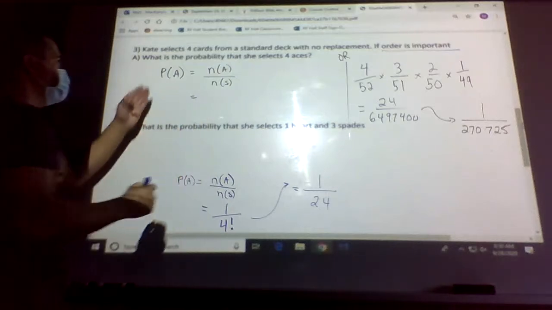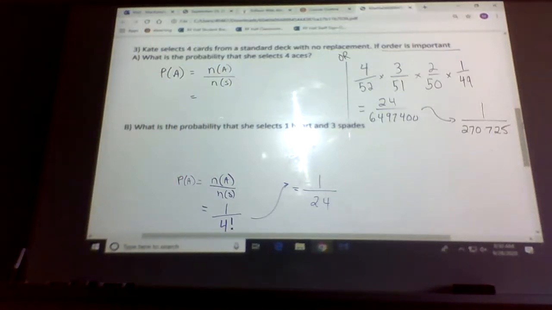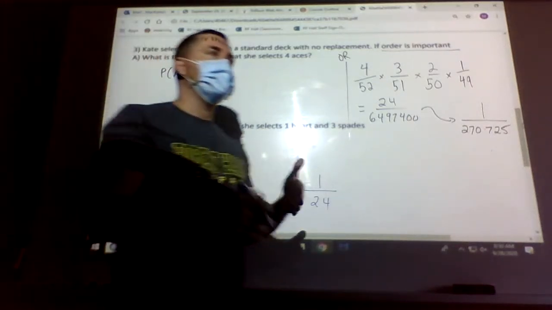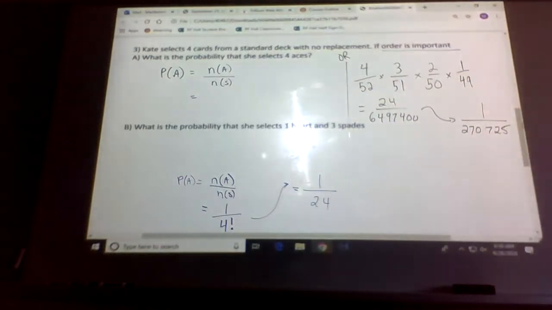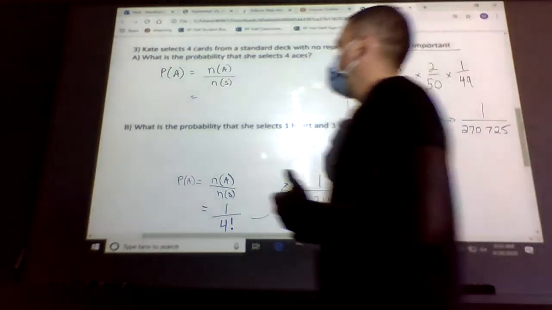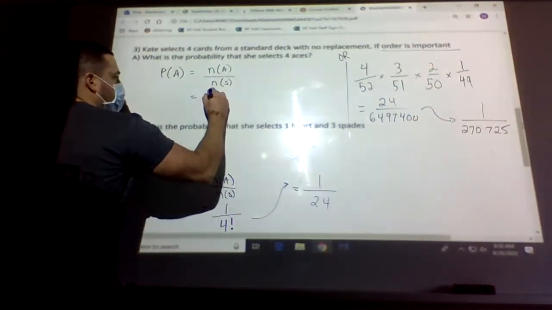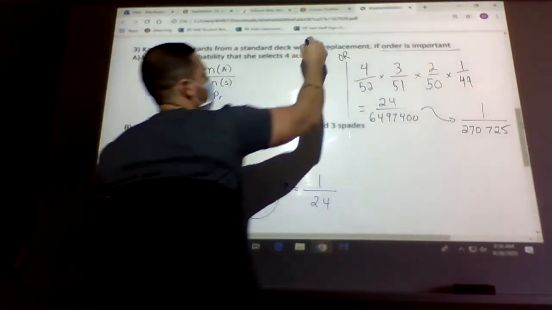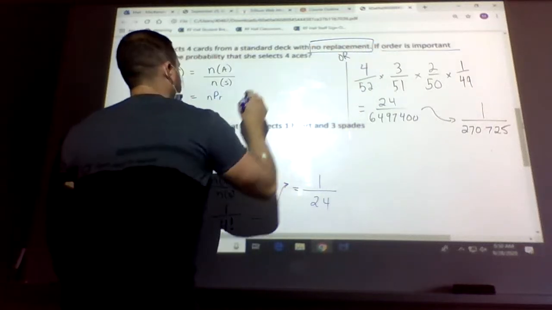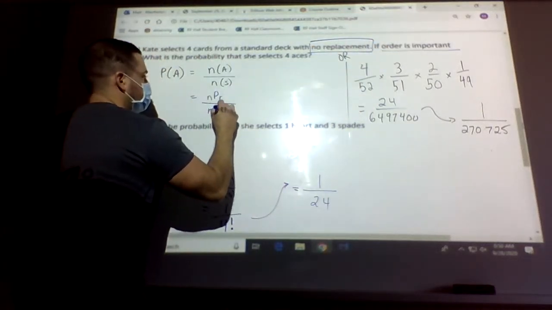Say we do probability using permutations. The top is how many ways can you pick 4 aces out of the deck? We use nPr because there's no replacement, so we have nPr over nPr.